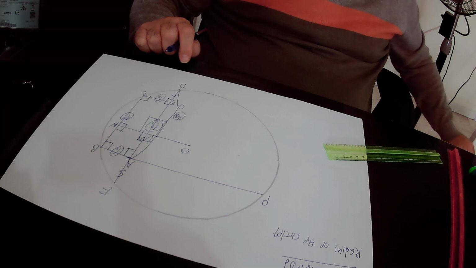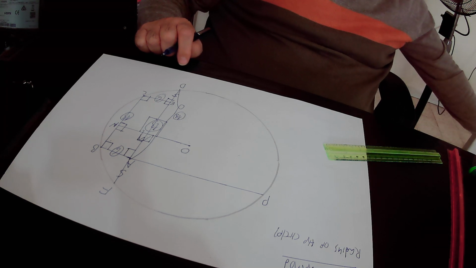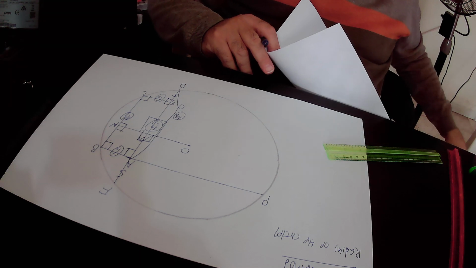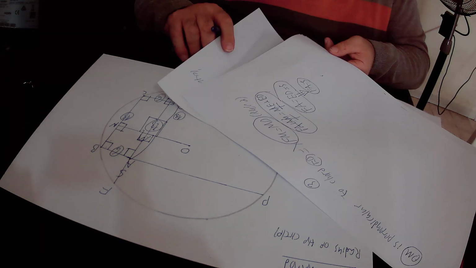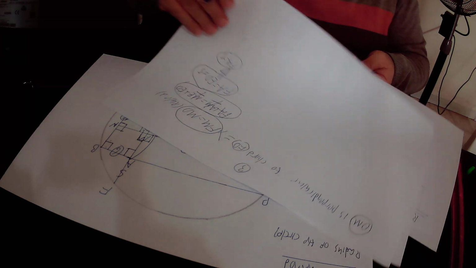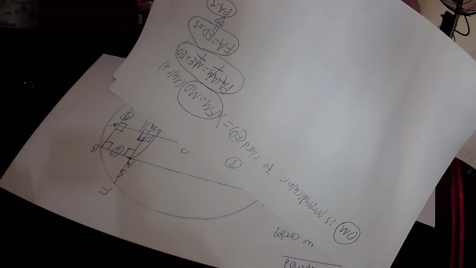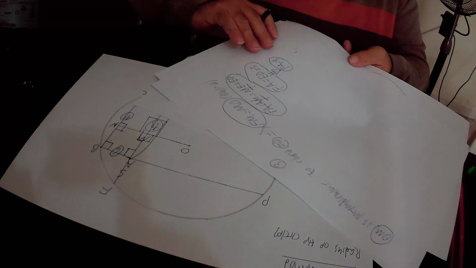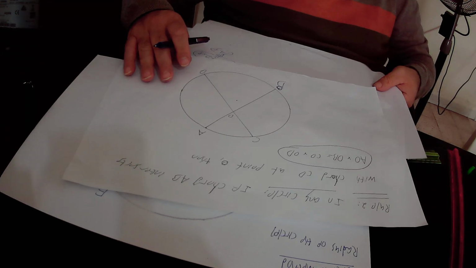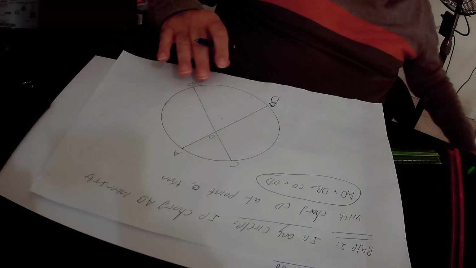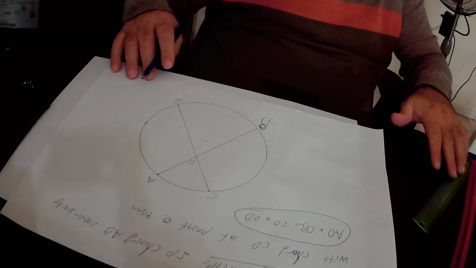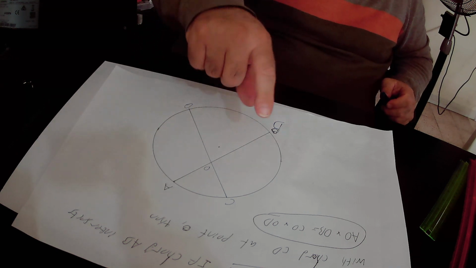And according to the old rule number 2, whenever you have two chords that intersect with each other, this is to say, if chord AB intersects with chord CD at point O, then AO times OB equals CO times OD.